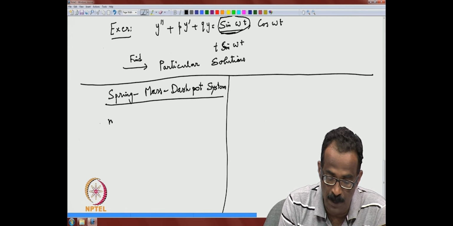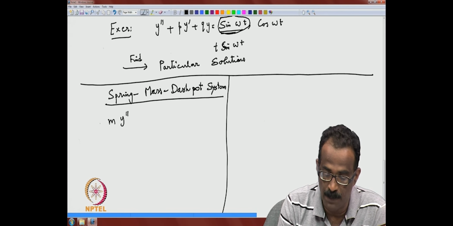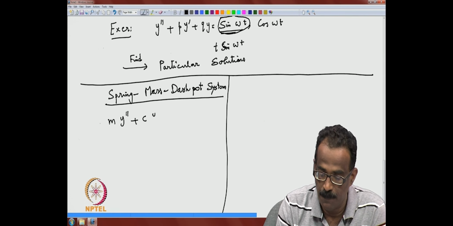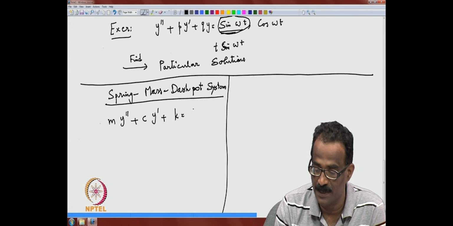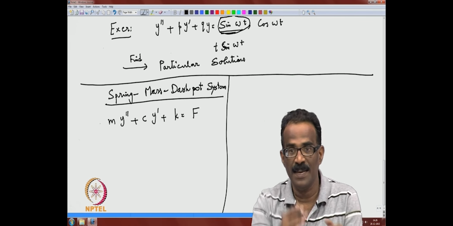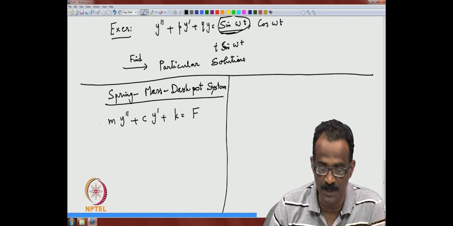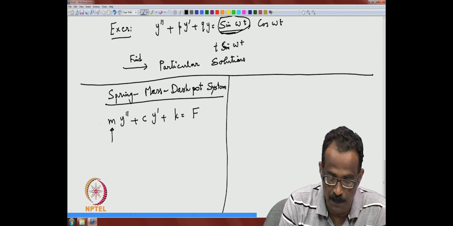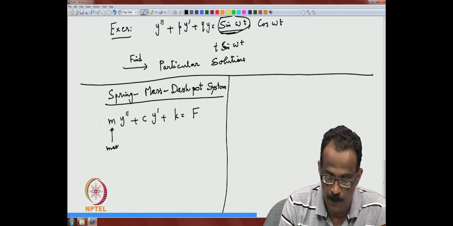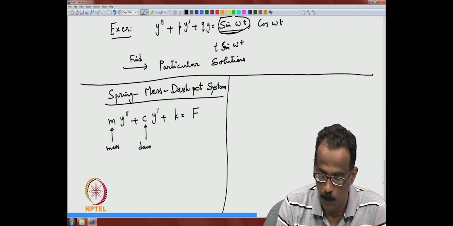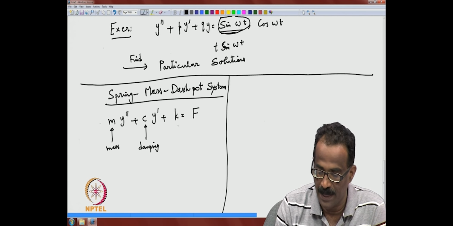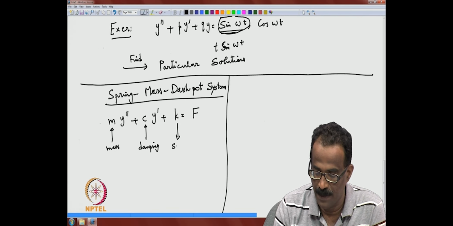So, what is a spring mass system? M y double prime plus c y prime plus k y is equal to some external force F, and we have analyzed this in various situations. M is the mass, c is the damping, and k is the spring constant.